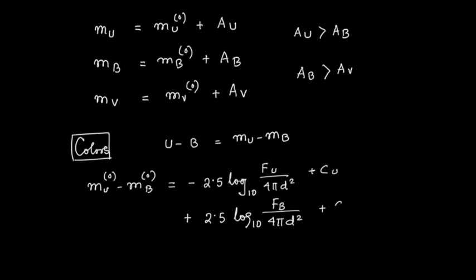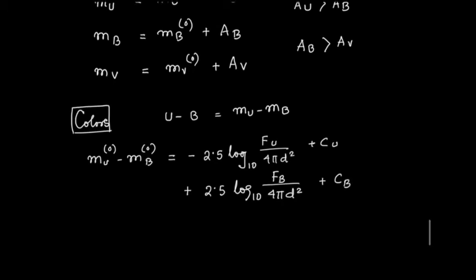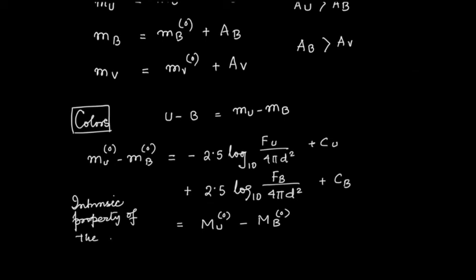Again, same star, d is the same. Which means, because it doesn't depend on d, it is very easy to see from here that this is also the same as the difference in the absolute magnitude. So this is an intrinsic property of the star. It doesn't depend on the distance to the star.